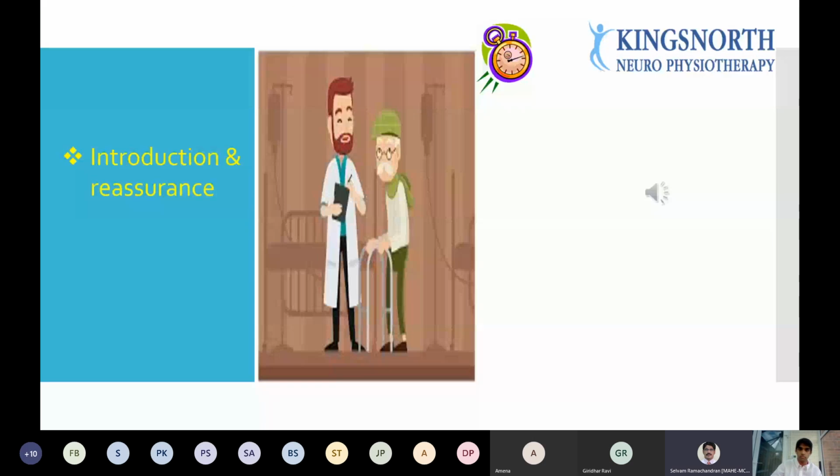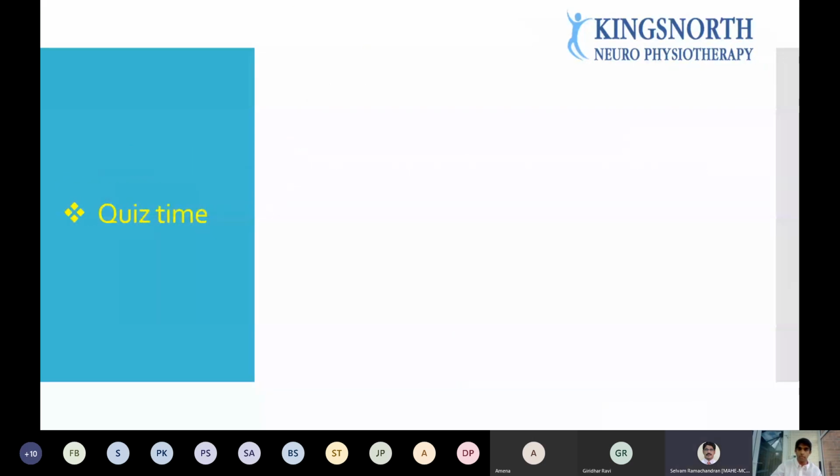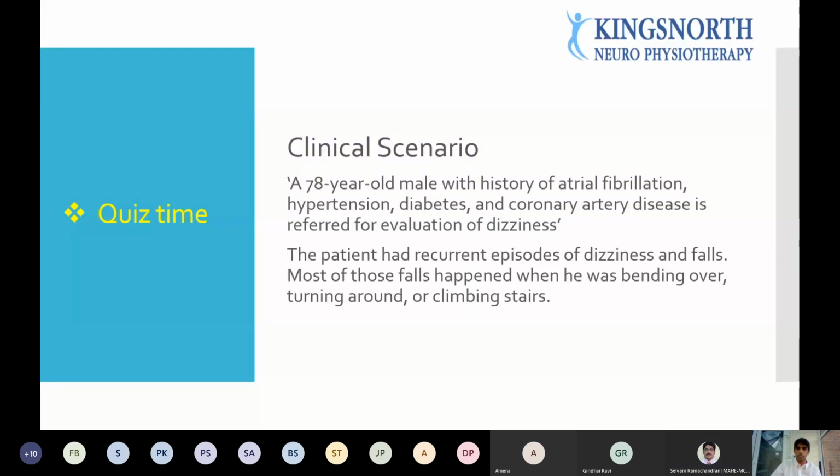Participants, if you can just put up the question. Based on the clinical scenario, you can just identify the condition of the patient. And you can type in your responses in the chat box.